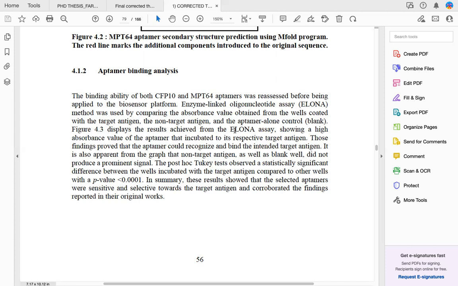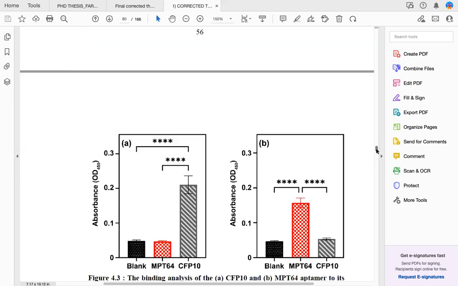A high absorbance value means high binding. So you have to tell the story, and you can put some further discussion, probably supporting it with some theory, or with previous results of others.